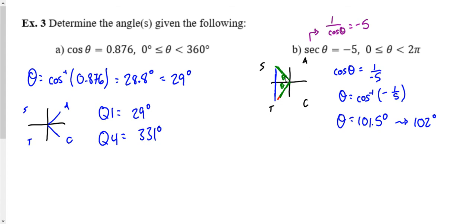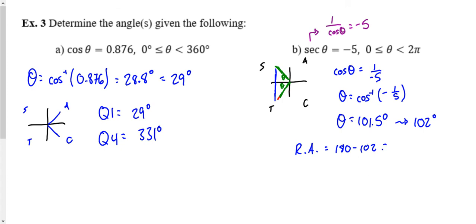So if our angle here is 102, our reference angle we can find out. So our standard angle in quadrant 2 is 102. Our reference angle, let's find that out. So reference angle here is equal to 180 minus 102. And we're going to need the reference angle for quadrant 3 there.